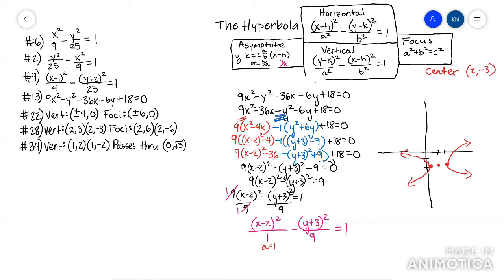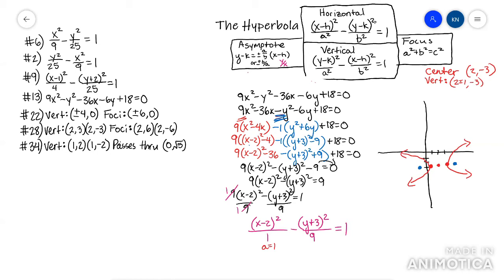Something like that. Okay, now I'd probably go get my focus next. Let's go ahead and, before I forget, write the vertices. So they're moving left and right, so they're affecting your x values. So it'd be like 2 plus minus 1, comma, -3.